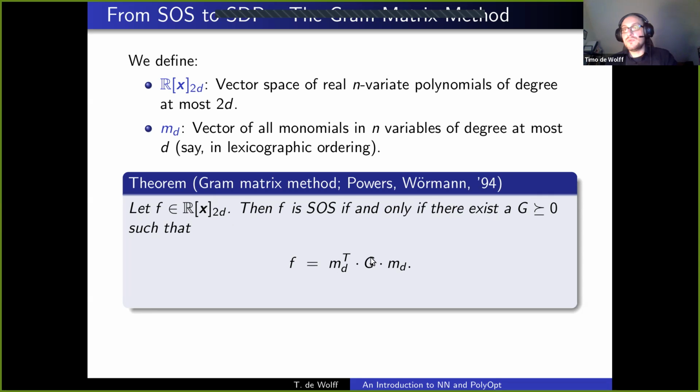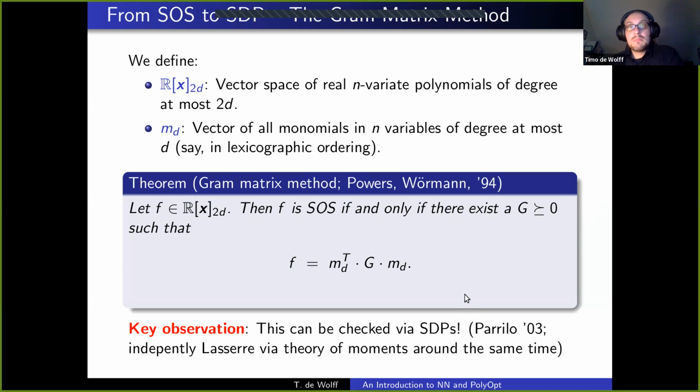And then, of course, one needs to work to see that this positive semi-definiteness is the right condition to put on this matrix. Of course, still you have to find it, right? It is just putting a relation between sums of squares and positive semi-definite matrices. But the key observation was not made in this paper. This was done later, a little bit after 2000, by Parrilo in 2003, and around the same time independently by Lasserre using another language, that this can be checked using a semi-definite program.